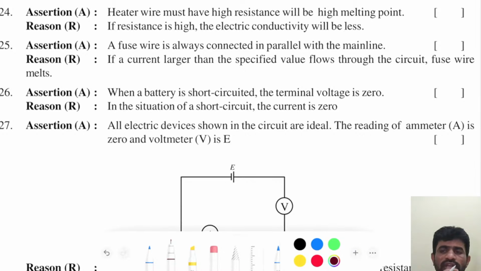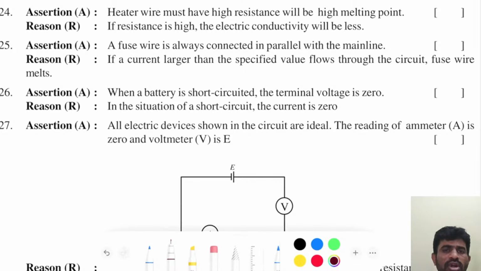So assertion is false, and reason is true: if a current larger than the specified value flows through the circuit, the fuse wire will melt. So option D is correct.